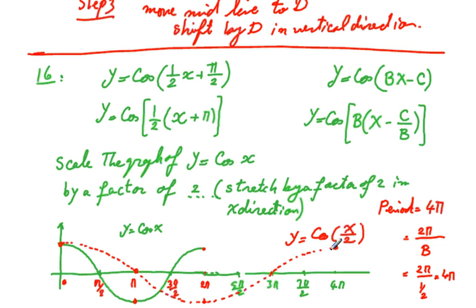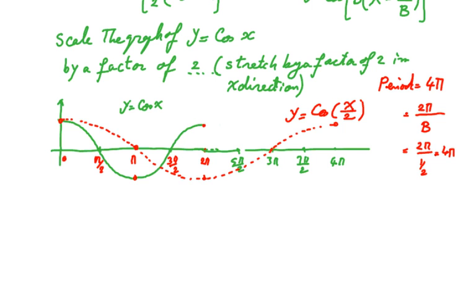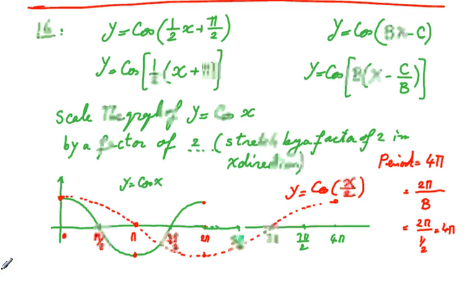Next issue is how much do I shift it and in which direction? So we have a shift. When we write it in this style, that shows you the shift. If it is positive, you go to the left. If it is negative, you go to the right. So shift left.